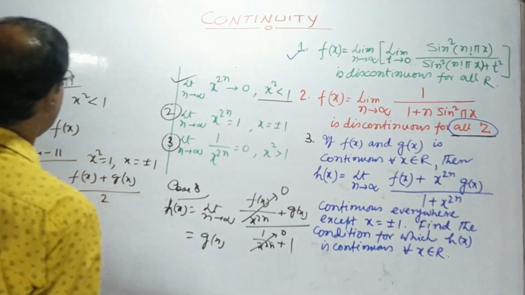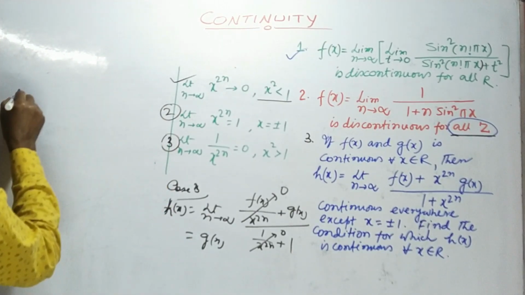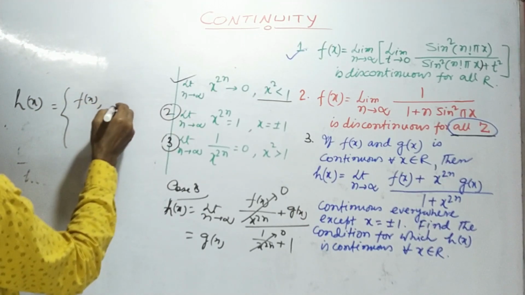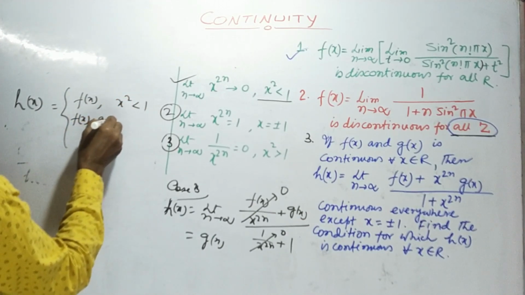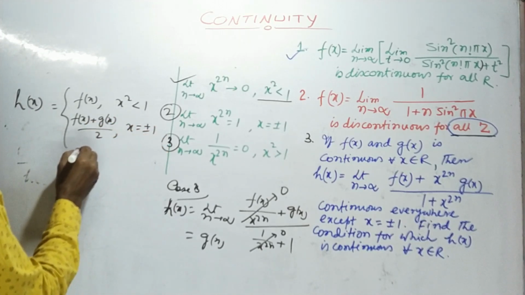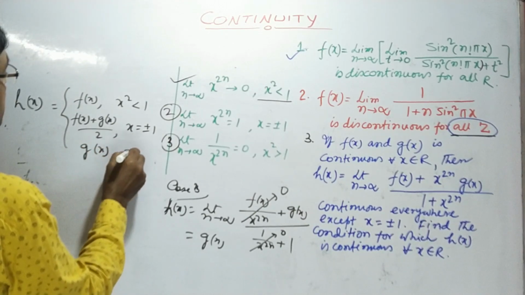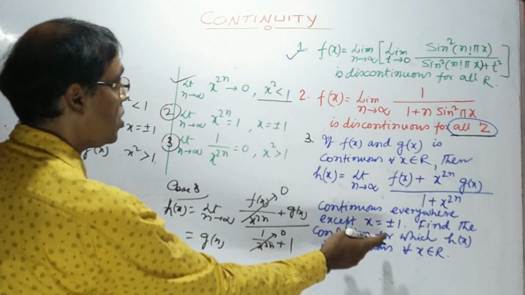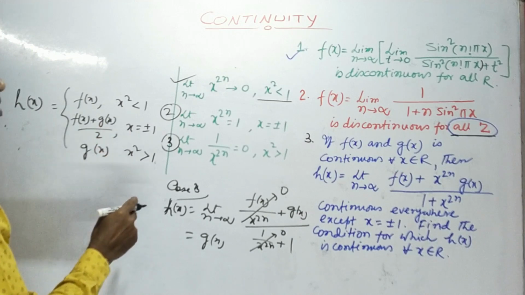So we can write h(x) equals f(x) when x square less than 1, and (f(x) plus g(x)) by 2 when x equals plus minus 1, and this is equal to g(x) when x square greater than 1. So at x equal to plus 1 and minus 1, this is discontinuous.